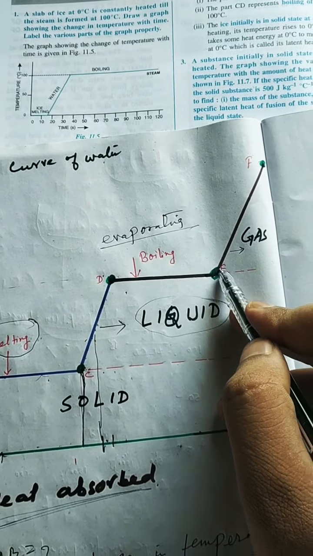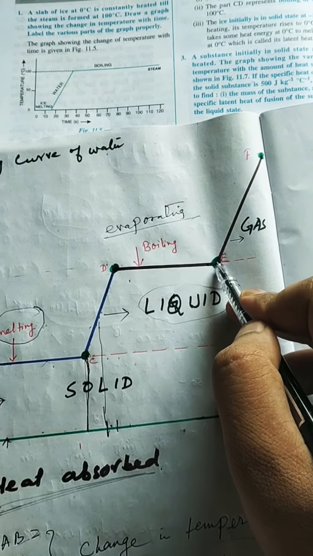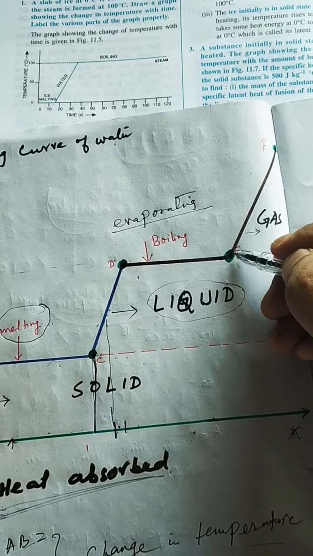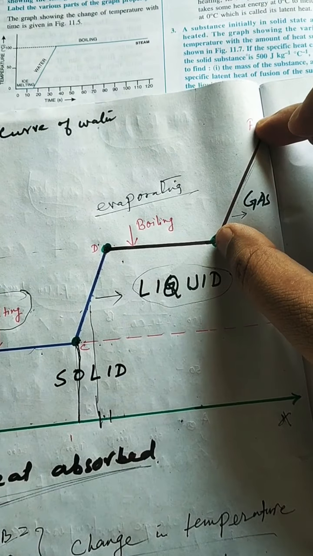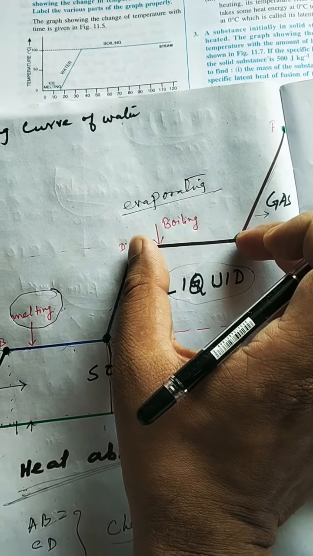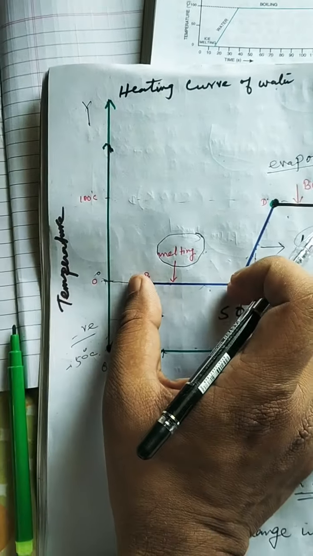From here, at a fixed temperature, the water starts converting into gas. This one indicates the rise in temperature, and this one indicates the boiling. This is a change of state, and this one is also a change of state.